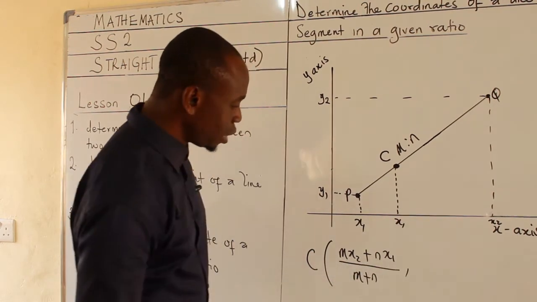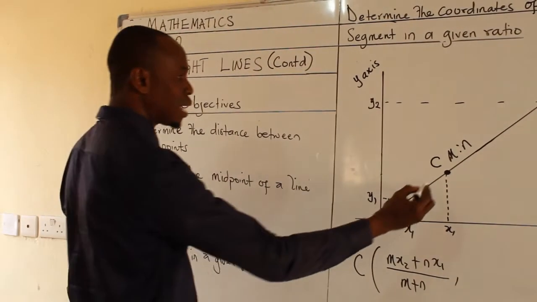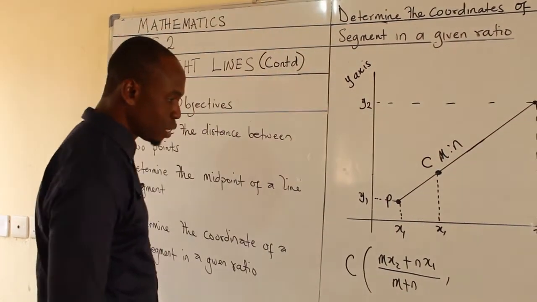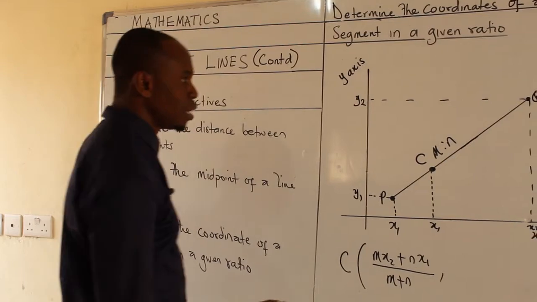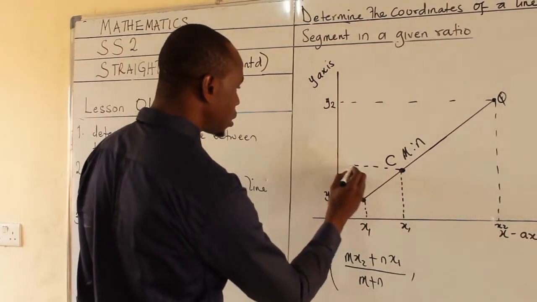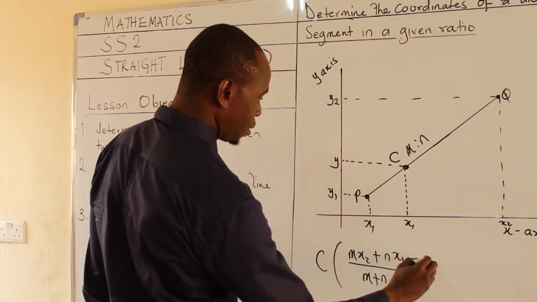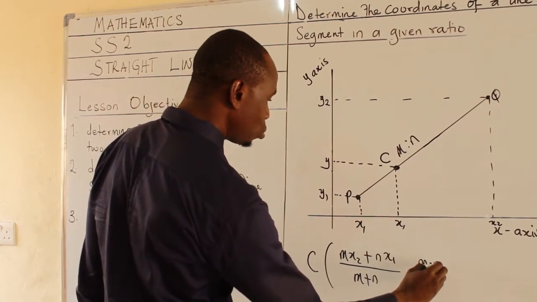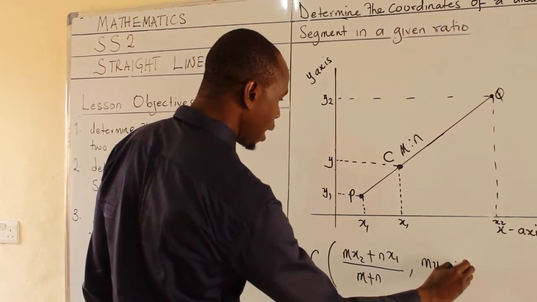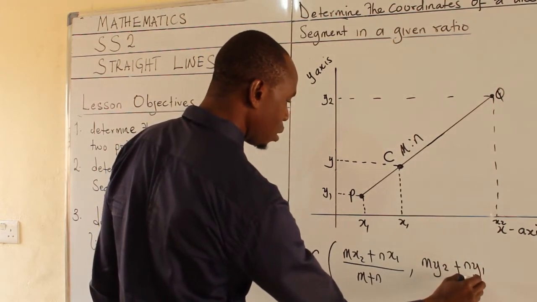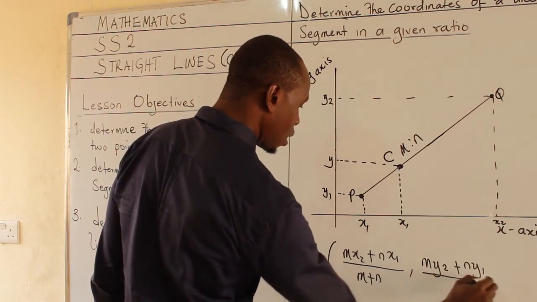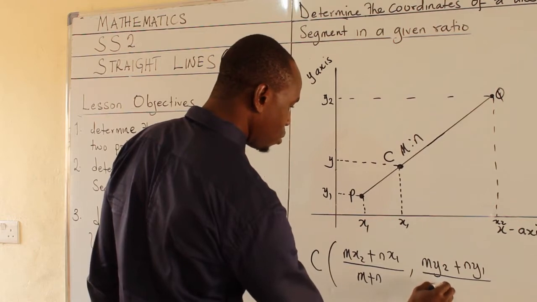That will be the x coordinate of that point C. Similarly, the y coordinate will be given by my2 plus ny1 all over m plus n.